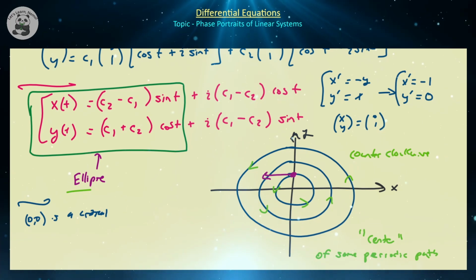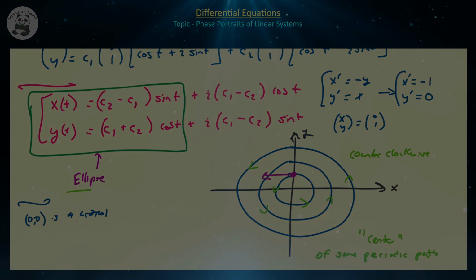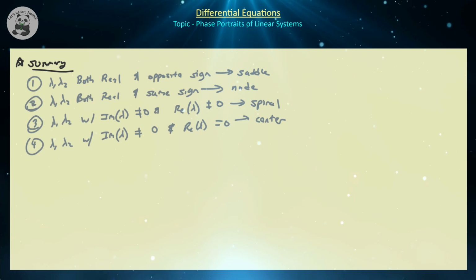So this type of phase portrait is associated with eigenvalues that are both complex, but the real part is equal to 0. If the real part was not equal to 0, then we'd have either a spiral source or a spiral sink.